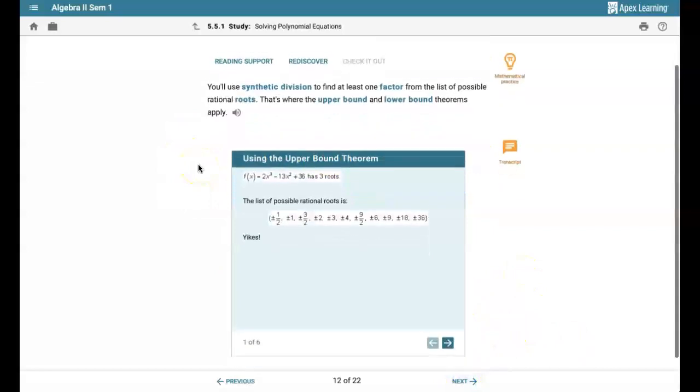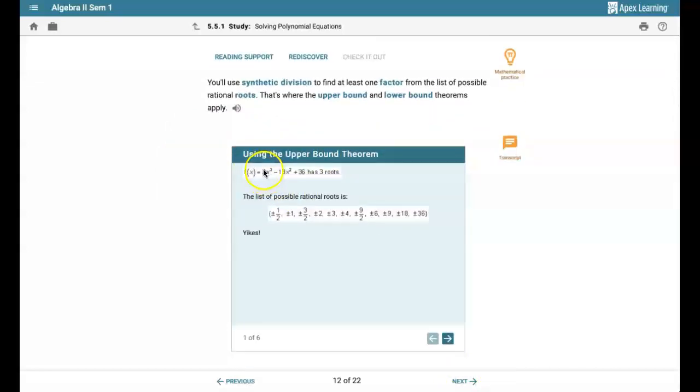So for example here: 2, negative 13, positive 36. So it's positive, negative, positive. We've got all these possible roots here. This is all the factors of p over all the factors of q, which is our 2 value. All the factors. Yikes, lots of them.